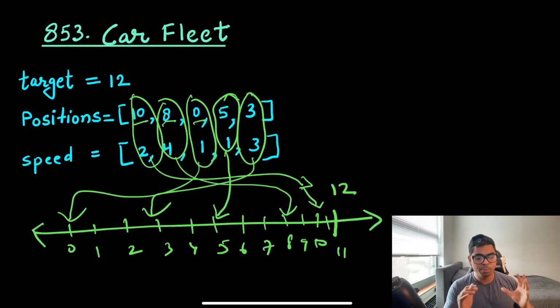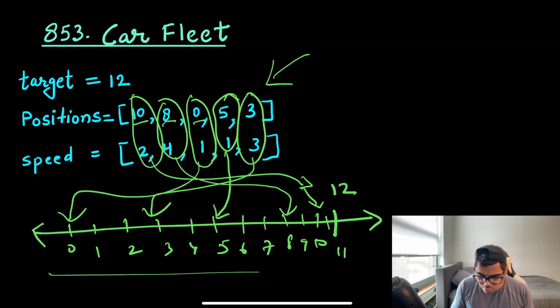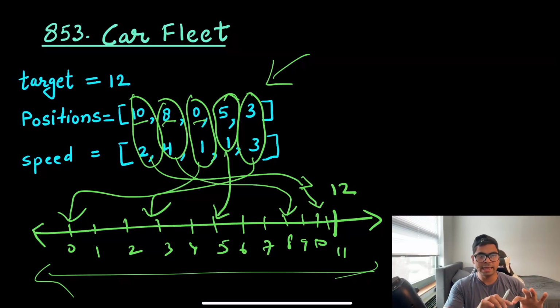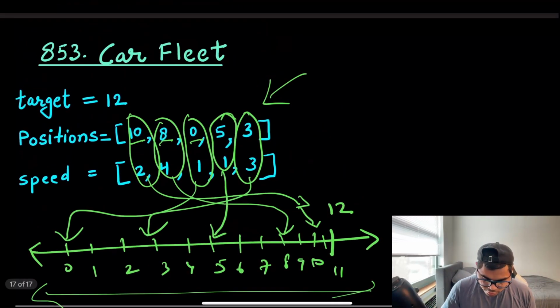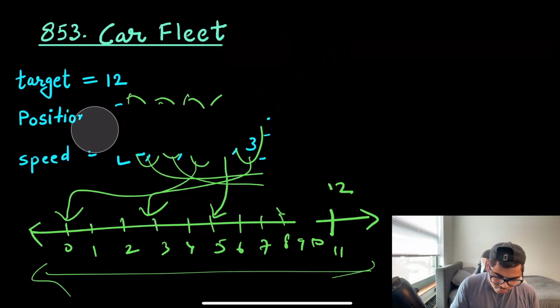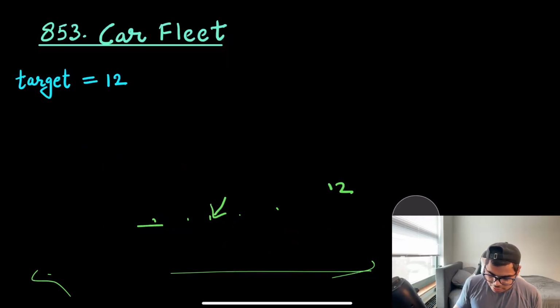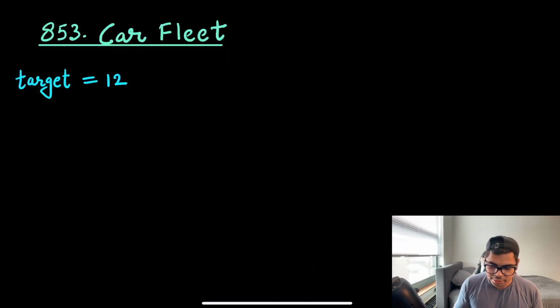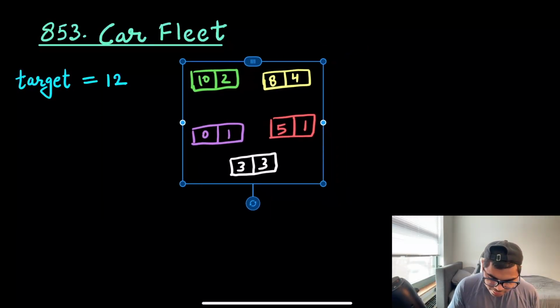Now I think it would be better if we draw all of these cars together and then also place them on this race track. So I'm going to get rid of all of this. I'll keep the target, and let's place all of that data right here.